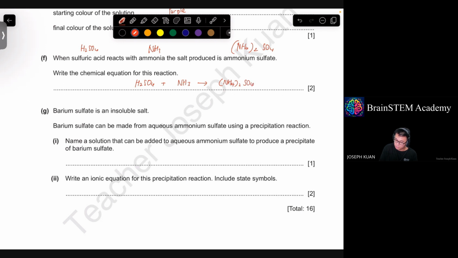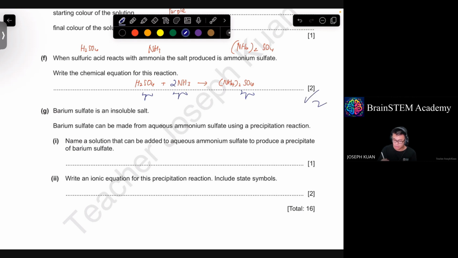And your second mark should be just balancing. Sulfate on both sides are equal. And I need 2 ammonia molecules to make 2 ammonium ions. That should be balanced. All right, the first mark should be on the chemical formula, and the second mark should be on the coefficients.